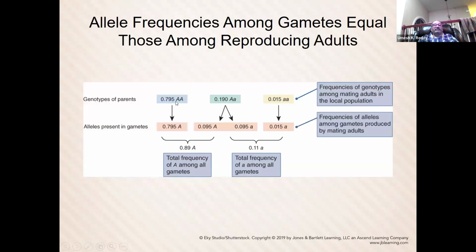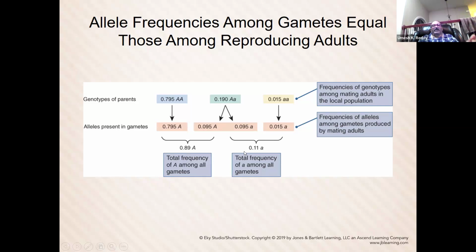So now you have genotypes, and allele frequencies can be estimated among the reproducible adults. Say, out of 15, the genotype frequency is 0.11 and 0.89 for capital A. This is coming because half of the heterozygotes are coming from here, and capital A is coming 0.795, and this one is added.